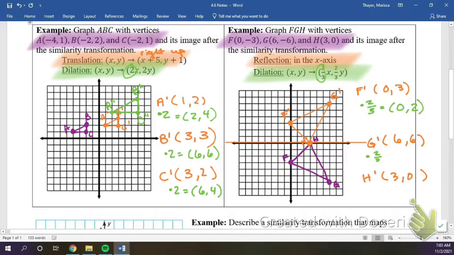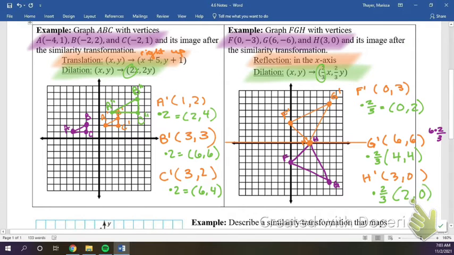When I multiply by 2/3 here, I'll do it off on the side. 6 times 2/3. Multiply by 2 first, so 6 times 2 is 12. Then divide by 3. 12 divided by 3 is 4. And so that's going to be 4, 4. And for the last one, 2/3 times 3 we already had above, and we got 2.